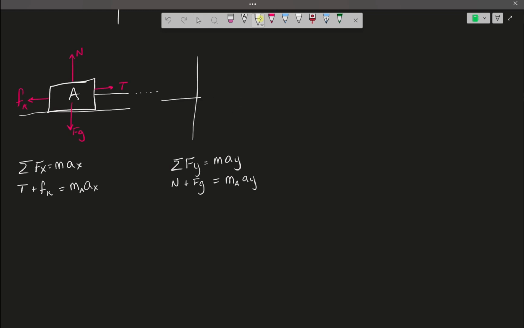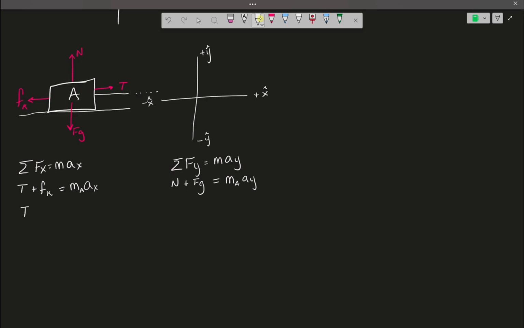To do this, I'm going to use just a normal coordinate system where we have the positive x direction on the right-hand side, the negative x direction on the left. Negative y is going to be at the bottom, positive y is going to be at the top. So my tension force is moving in the negative x direction, so it's going to be positive.